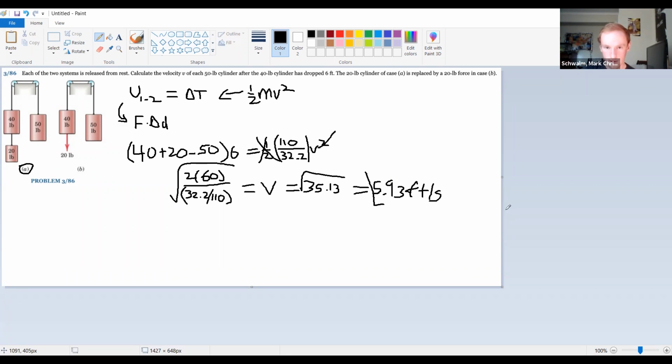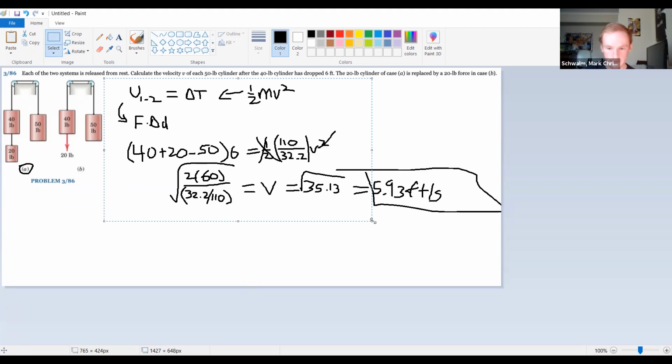Okay, so that is your answer for the velocity after the 40-pound cylinder has dropped 6 feet for case A. All right, so we'll keep that on the screen for now, just so we can compare it at the end.